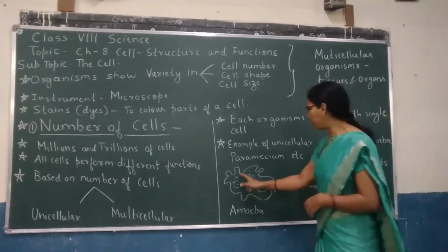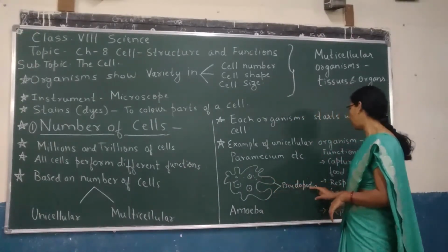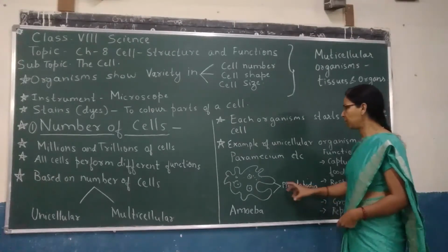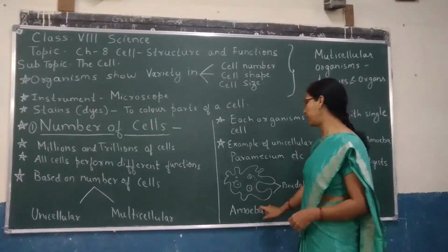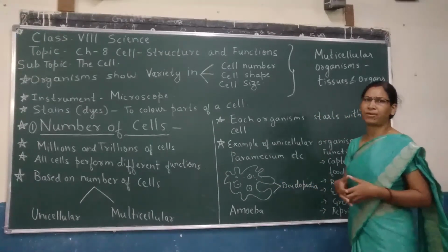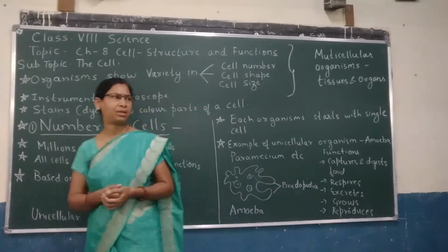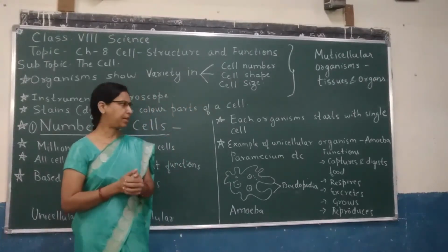Here I have drawn a diagram of amoeba. These are the pseudopodia. Pseudo means false, podia means legs. So it is a single cell organism, and these pseudopodia help to perform various functions like nutrition and locomotion, that is movement from one place to another.